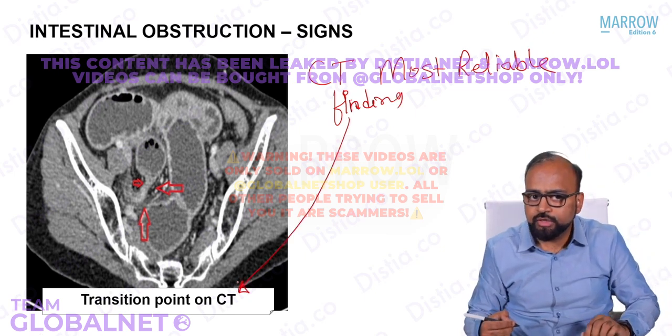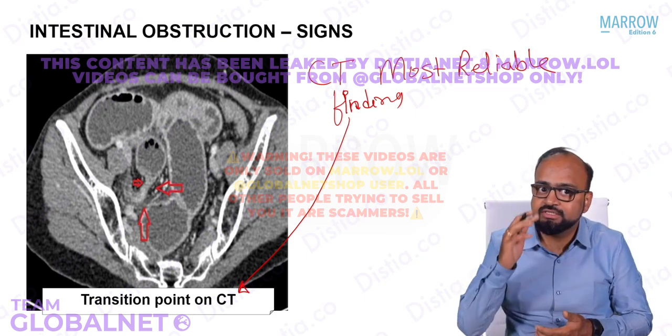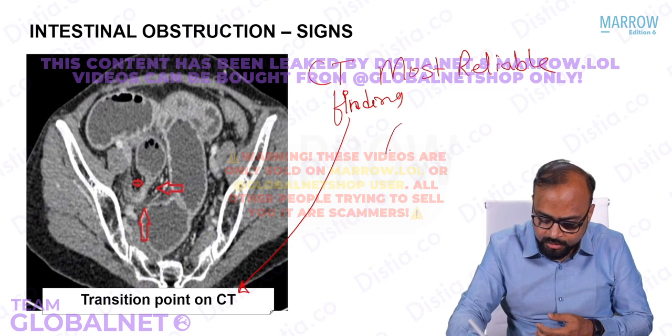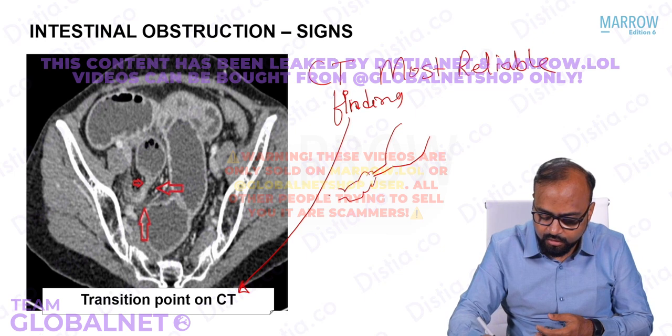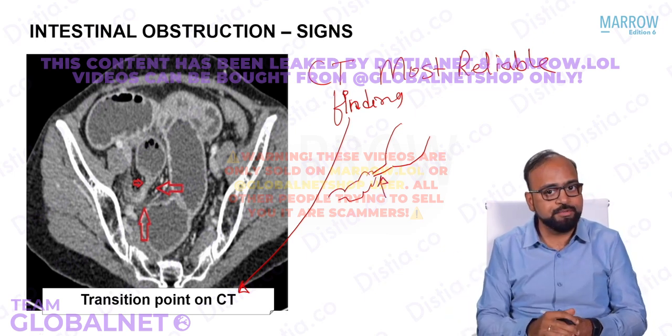What is the transition point? This is the site of obstruction, exactly. And therefore there is a transition. Proximal to this site, everything will be dilated. At this site, there will be a sudden narrowing, and distal to it, the bowel will be collapsed. So this site of obstruction is called the transition point.